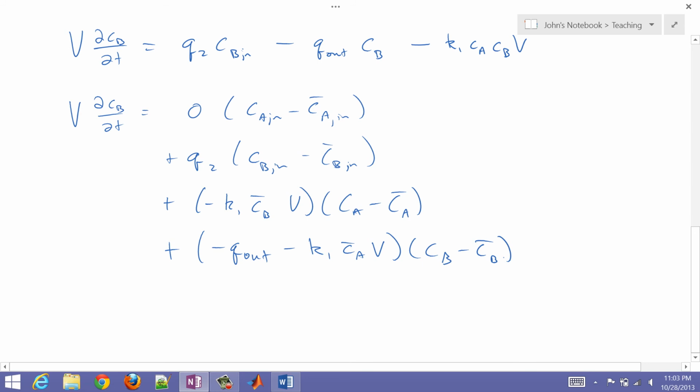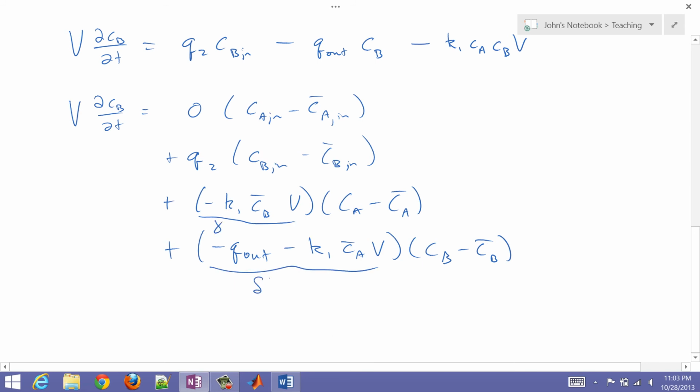Okay, so there I've got my linearized expression. I'm just going to rename some of these. I don't want to have to carry around a lot of constants, so I'm going to name this as gamma, and I'll rename this as delta.